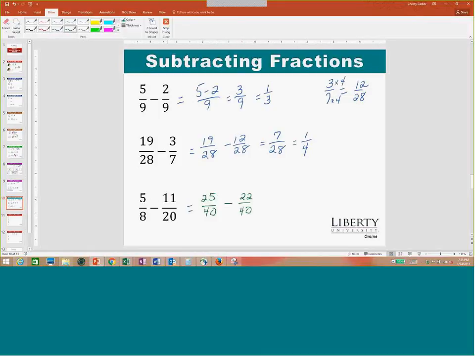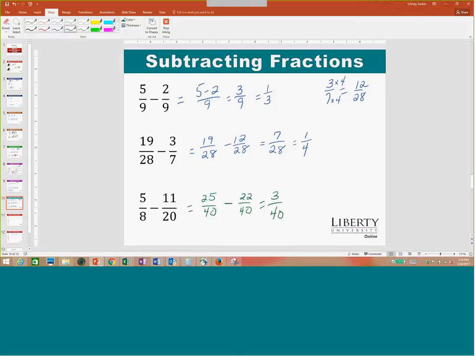By changing them to have a common denominator, we clearly see that 5/8 is larger because we've got 25/40 compared to 22/40. That's just a little extra. You won't have to do that in this session, but I just thought anybody was interested. So 25 minus 22 will give 3 over 40.